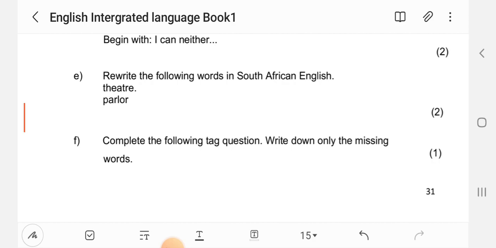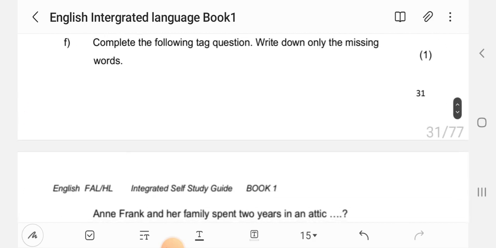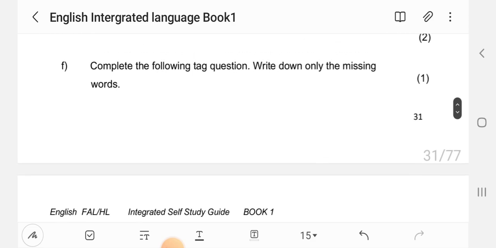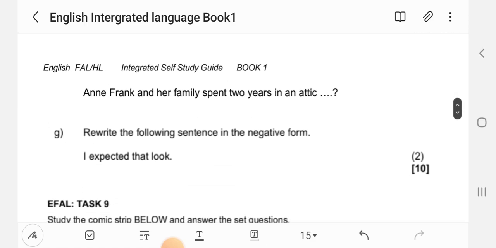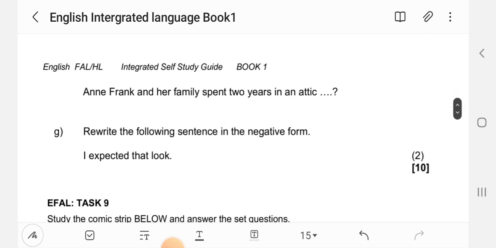And then complete the following tag question. Write only the missing words. So you have to complete the tag question and write only the missing words. Anne Frank and her family spent 2 years in an attic, didn't they?